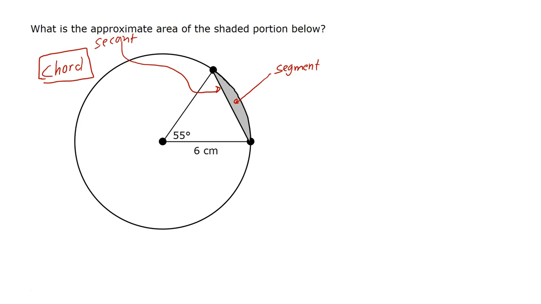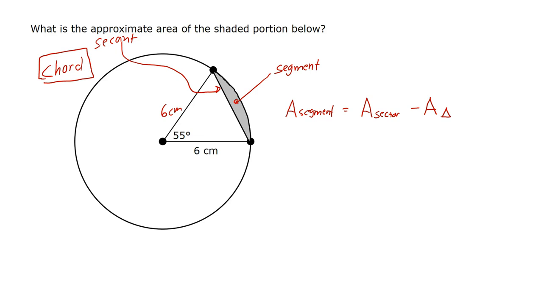Now, how do we find the area of such a thing? Well, to find the area of a segment, we do the area of the sector minus the area of the triangle that we have formed, also as well when I look at the radii.